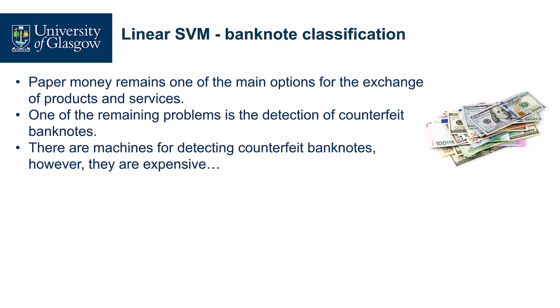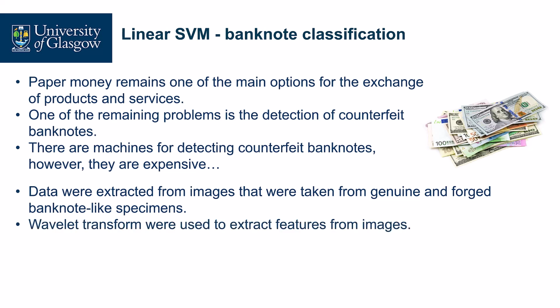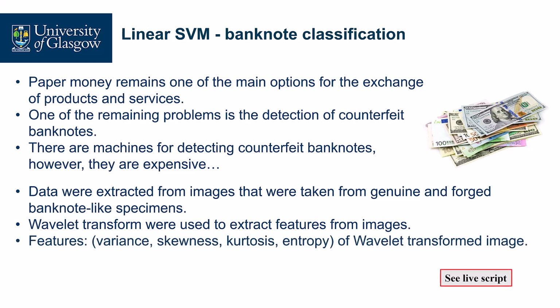Suppose you are the data engineer to undertake this task. The data were extracted from images taken from genuine and forged banknotes. For these images, we use a method called wavelet transform to extract features. And the features are what?